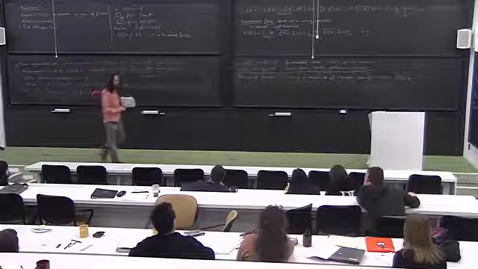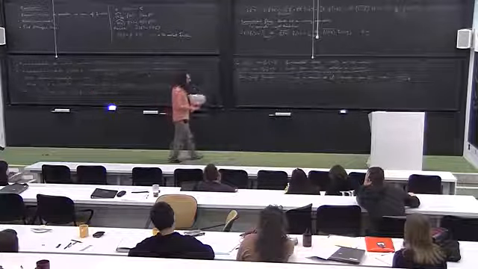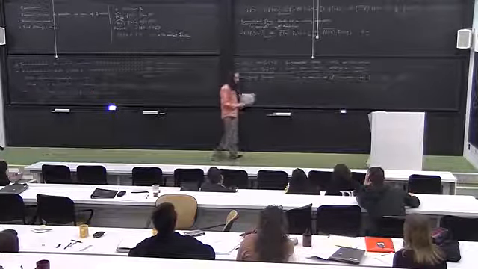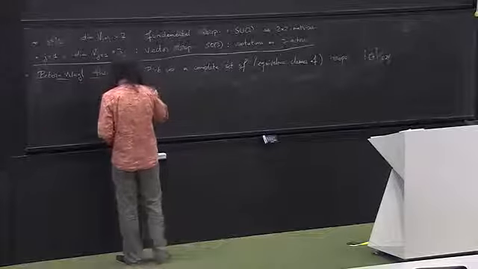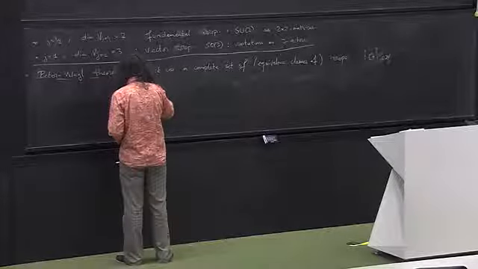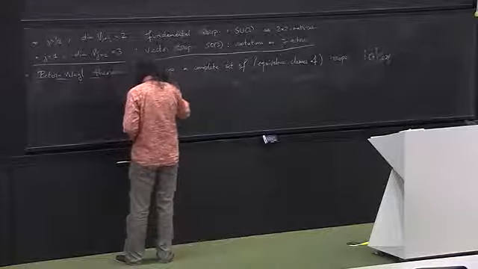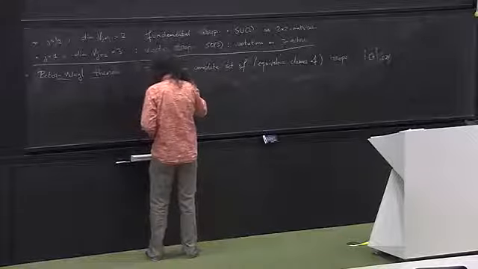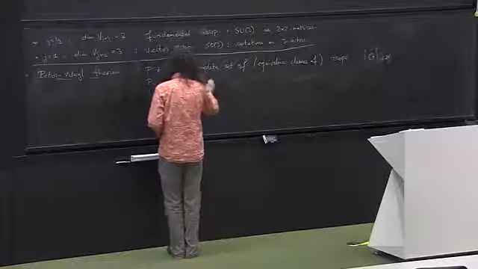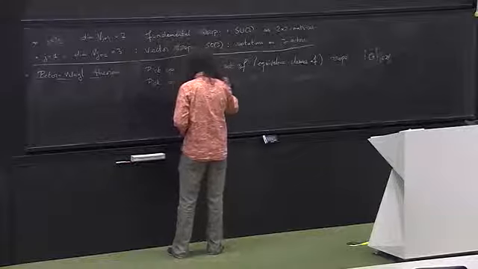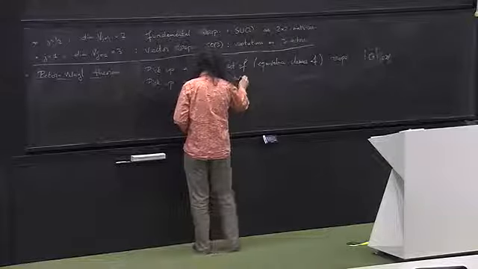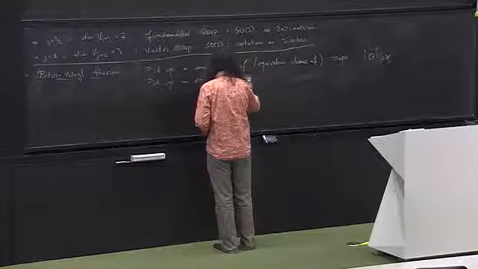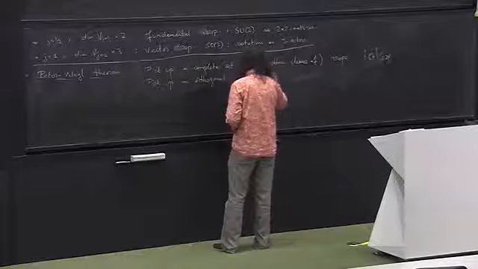So we can find an orthogonal basis in each V_j. Okay? So pick up an orthogonal basis on V_j.